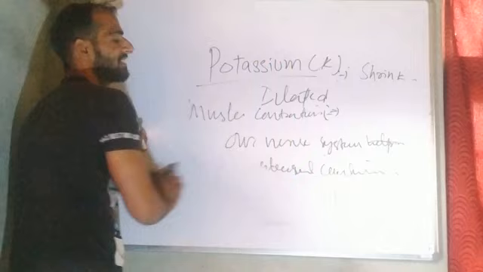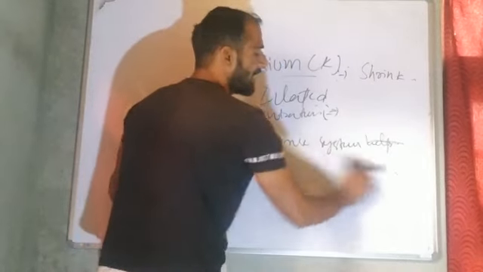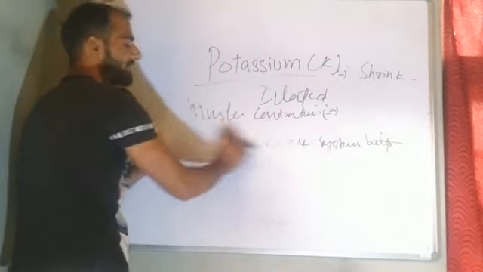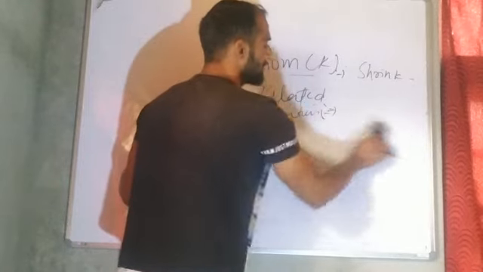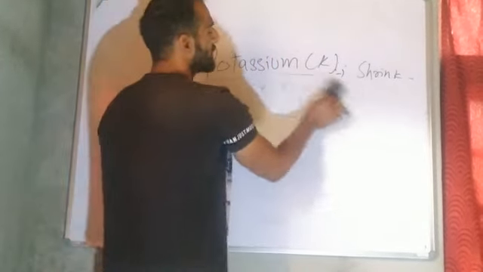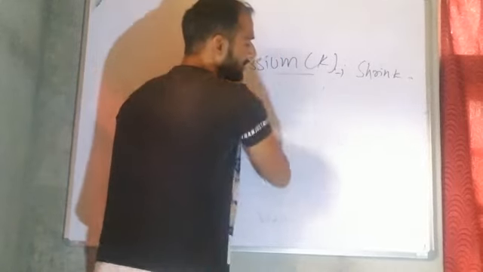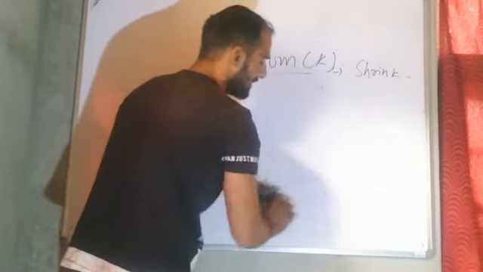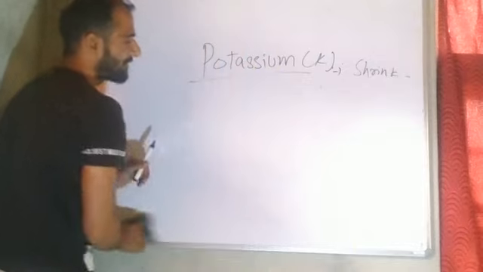So till now we can summarize it as it functions as an electrolyte in our body and regulates some of the important functions, like it helps us in maintaining the fluid balance and also nerve conduction and also muscular contraction. Okay, that phenomena we have explained in detail.